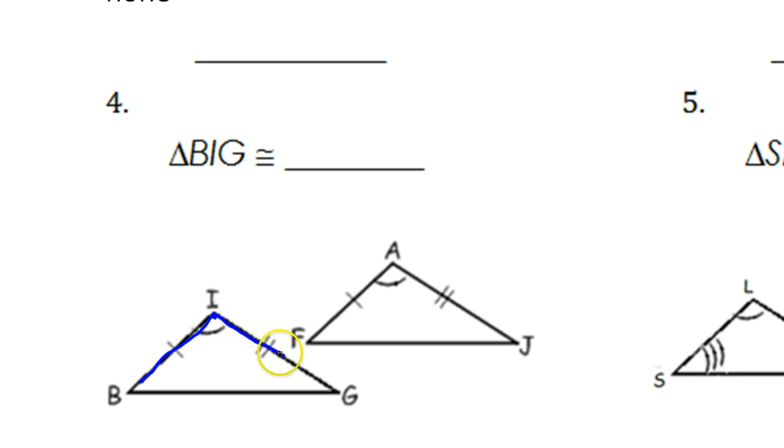We have two sides congruent to each other, and the angle in the middle. When we have two sides and the angle in the middle congruent for both triangles, that's called side-angle-side. So they are congruent. Specifically, triangle BIG is congruent to triangle FAJ.